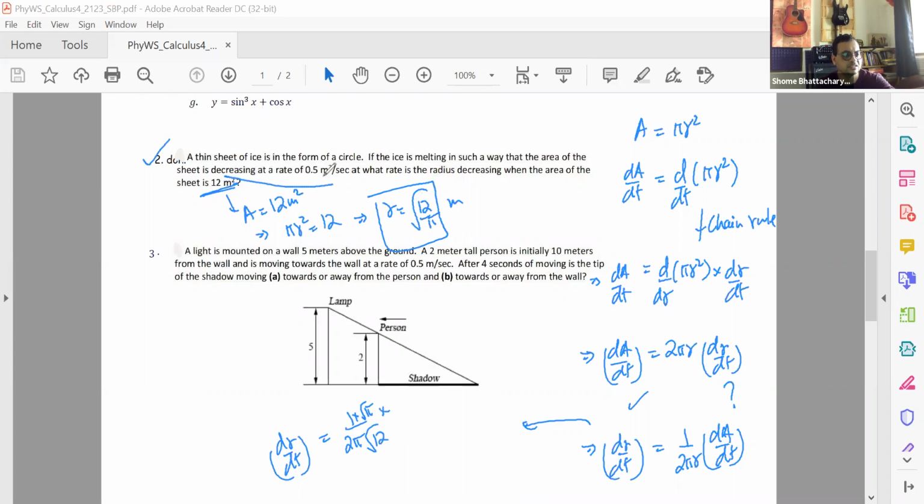Now this is decreasing at this rate, so as usual dA by dt is minus of 0.5. So that is our dr by dt.